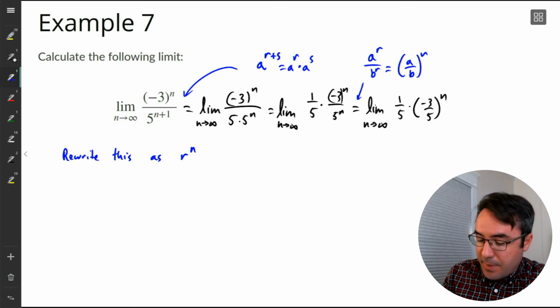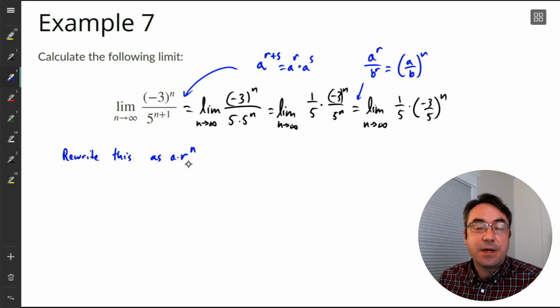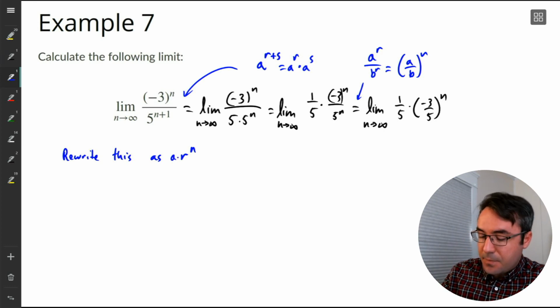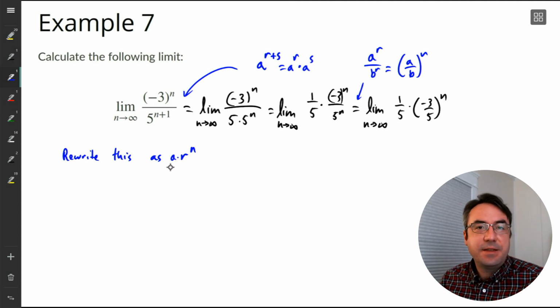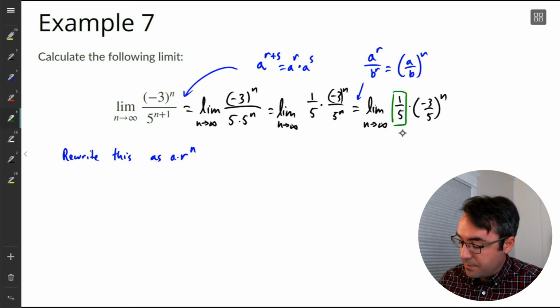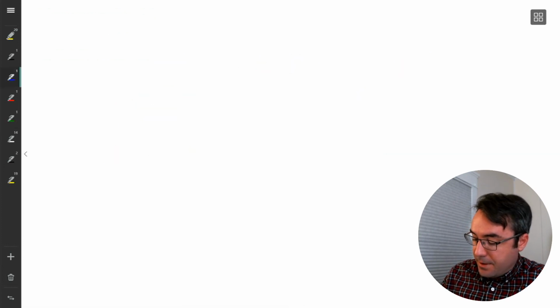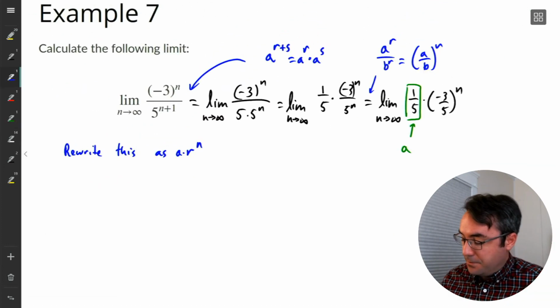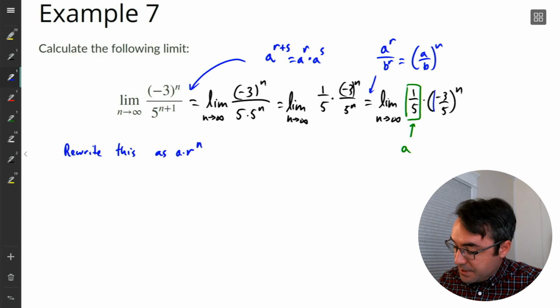And maybe one slight modification to that is a times r to the n. When we look at this, the a value is just some constant that's in front, and that's what we have here with this 1 over 5. The term inside this power n is our r value.